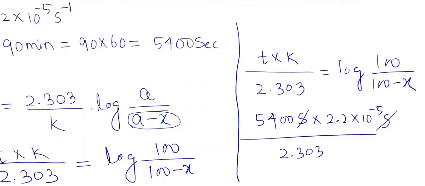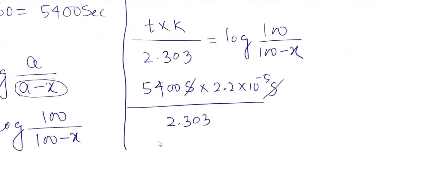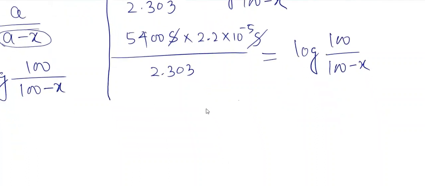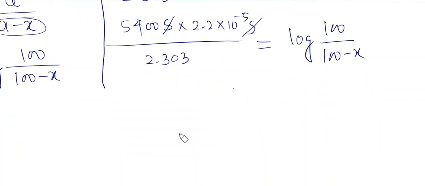Then the right hand side is equal to log of 100 divided by 100 minus x. To remove the log, I have to take 10 to the power.